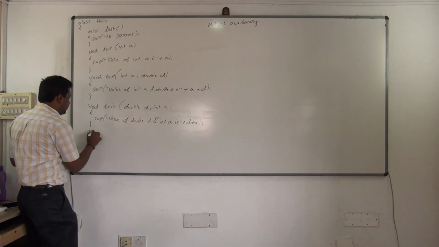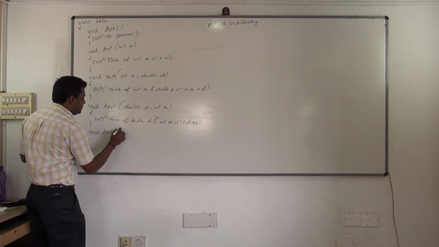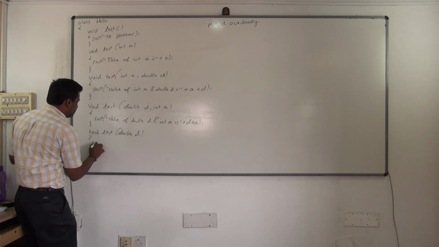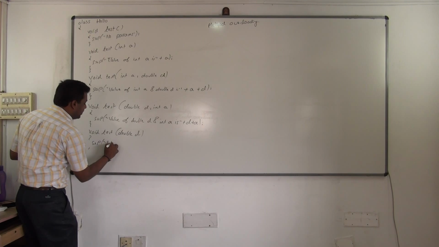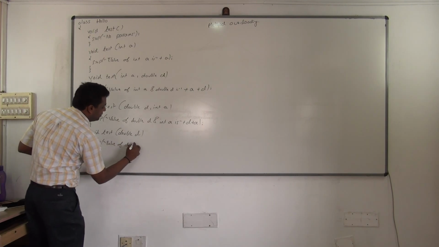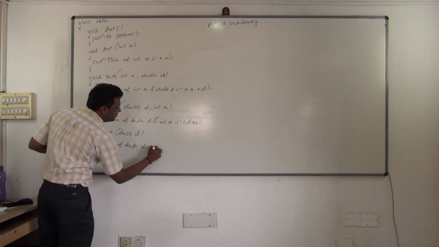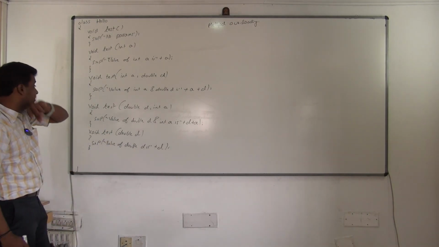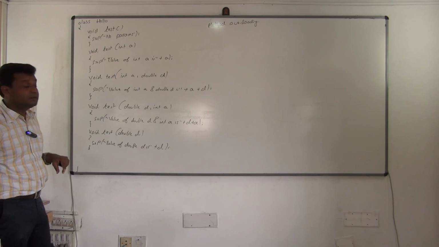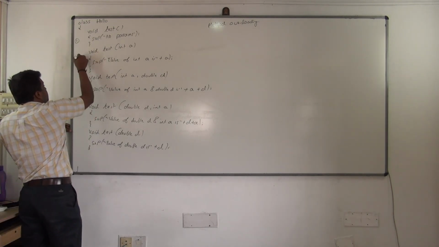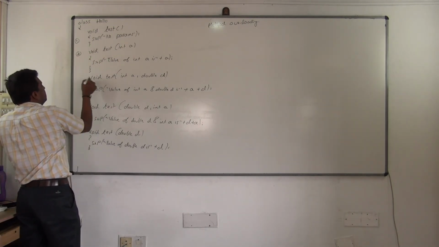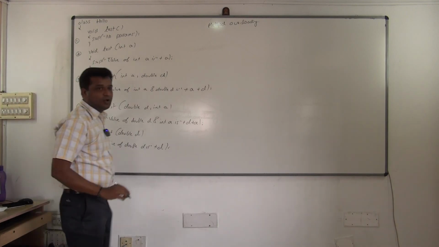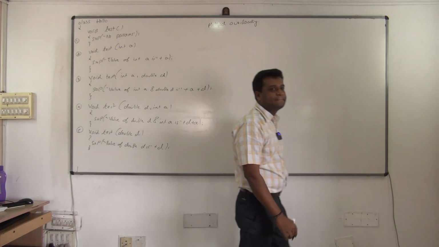If I want one more method, I'll write void test and I'll write double D. Value of double D is plus D. So how many methods are there in my class now? Count. This is 1, this is 2, this is the third method, this is the fourth method, this is the fifth method. All the method names are same now.